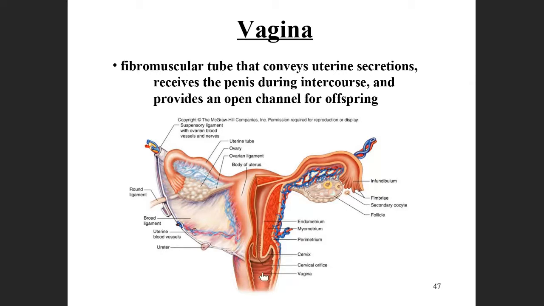This area has a lot of bacteria, so a lot of acid is produced. When the male deposits the sperm, he usually deposits it here in the fornix area, and most of that sperm will die in the vagina, unless there's mucus that guides the sperm to swim upward.